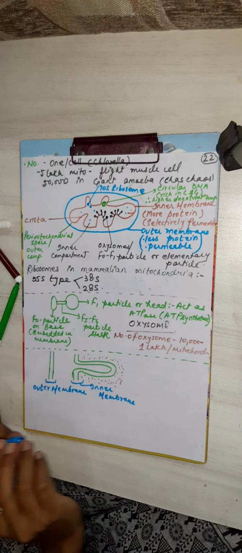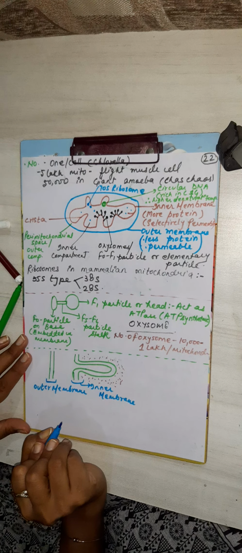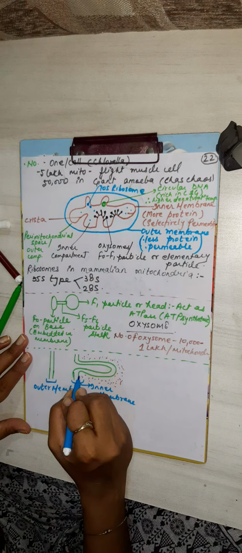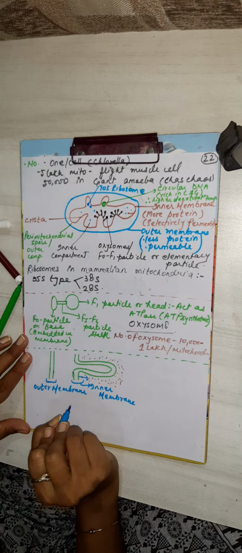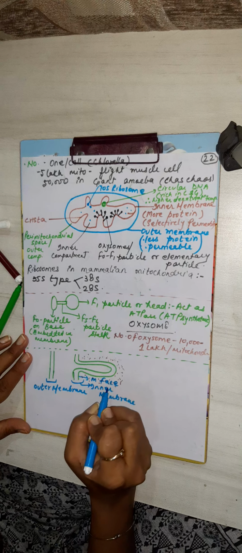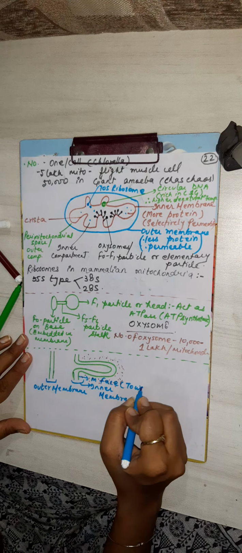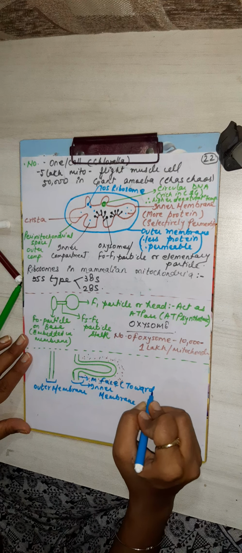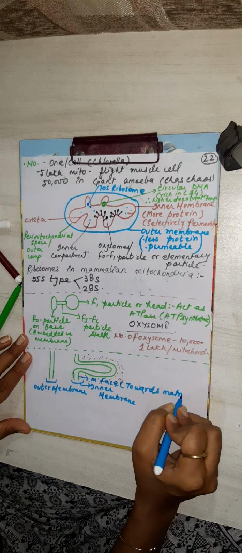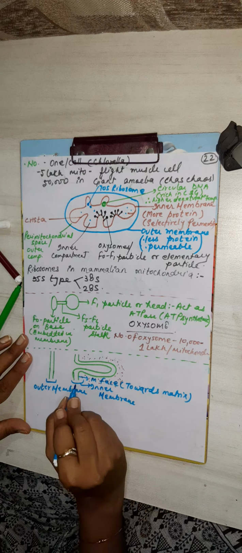Okay, inner membrane, and this is M face. M face means towards the matrix. M is here for matrix. Towards the matrix is the M face, and this is the inner membrane.